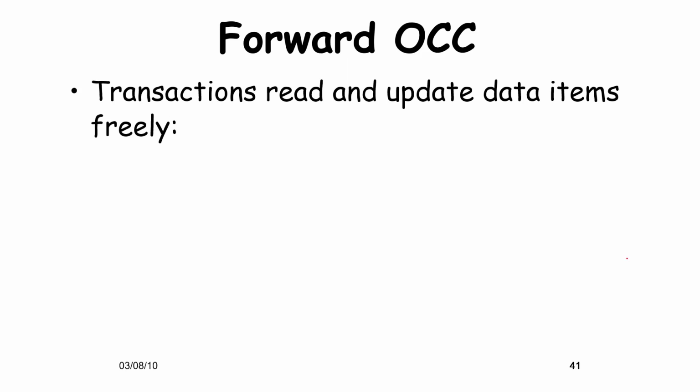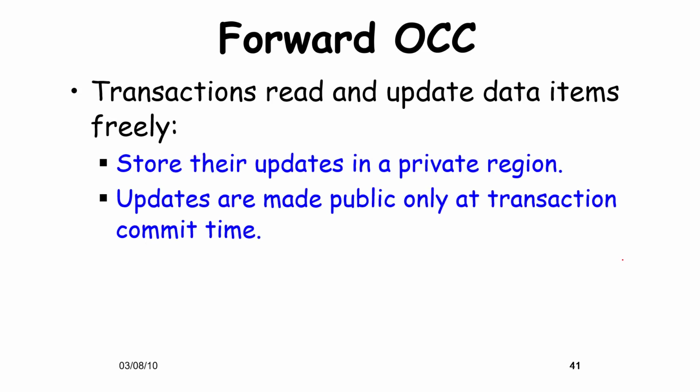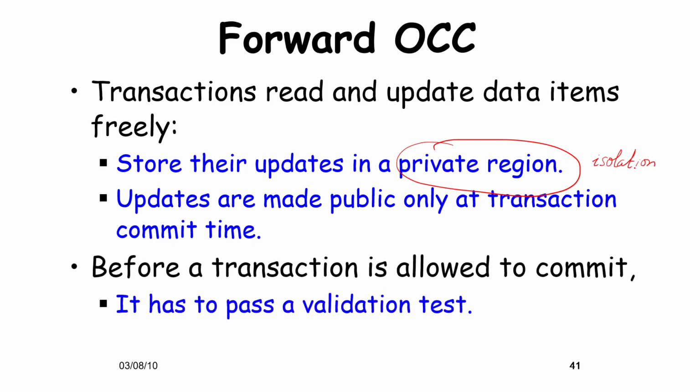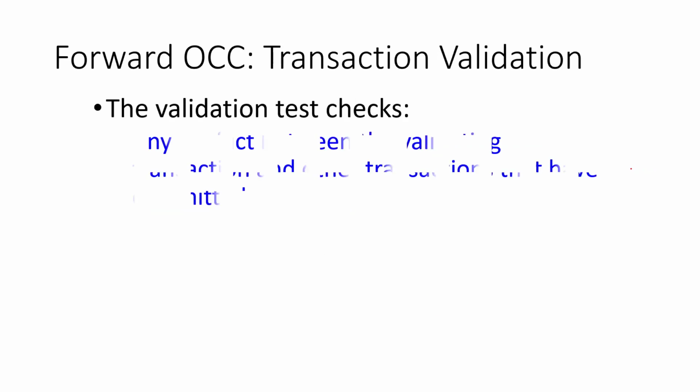So in forward OCC, OCC stands for optimistic concurrency control. Transactions read and update data items freely, but they store their updates in a private region. They don't make it public. This is because of the isolation guarantee. Updates are made public only at transaction commit time. Before a transaction is allowed to commit, it needs to pass a validation test.